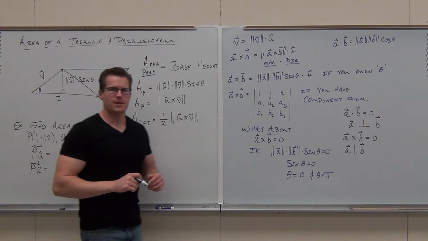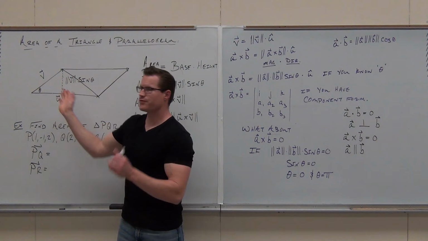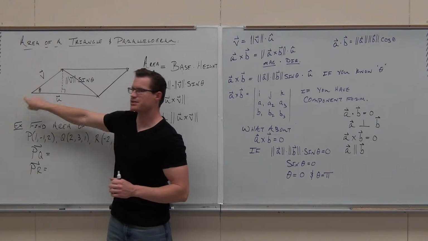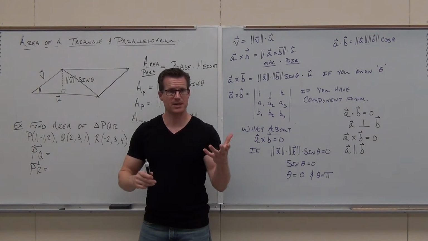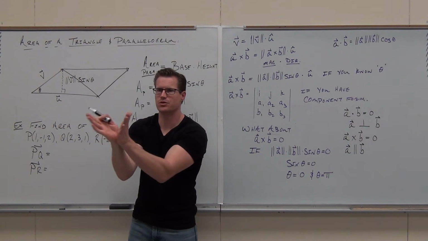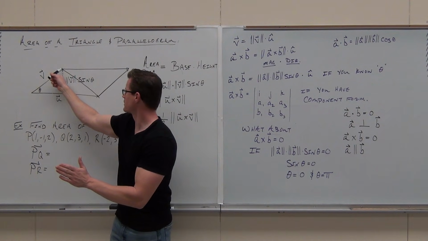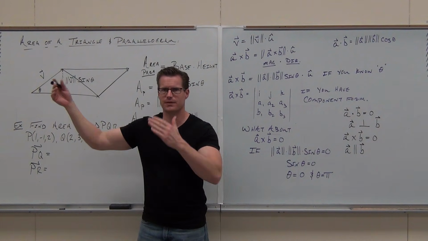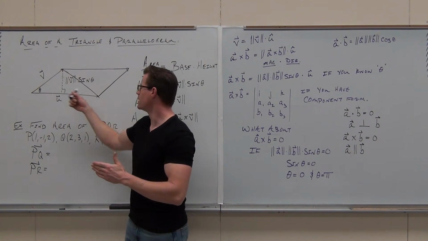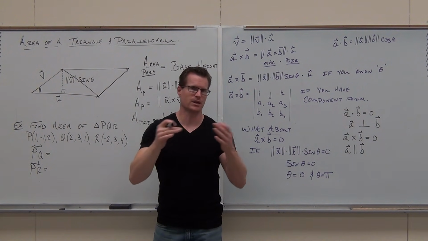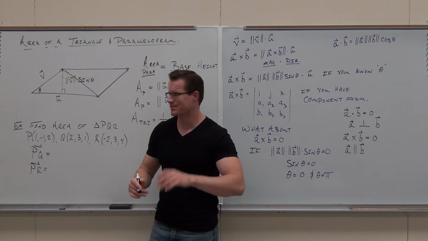I hope you understand why. In order to find a cross product, they need to have the same initial point. So if I'm starting at P, I want to keep starting at P. That way when I do the cross product, they actually match up. I don't want to start here and then start here. It wouldn't give me the same exact relationship. So start with the same letter. That's about as much as I can say.